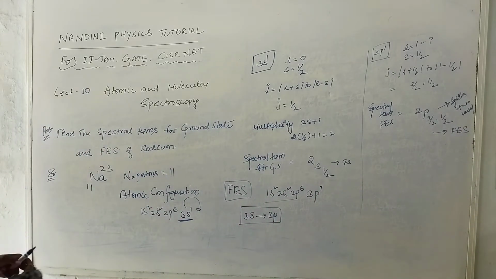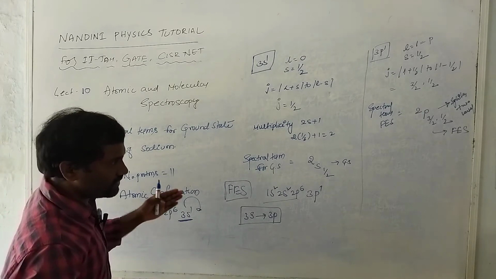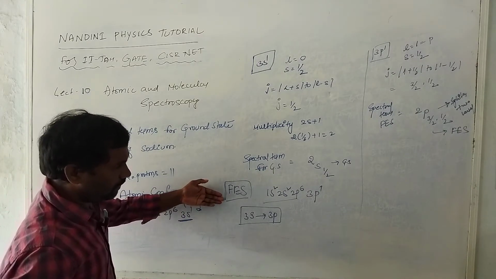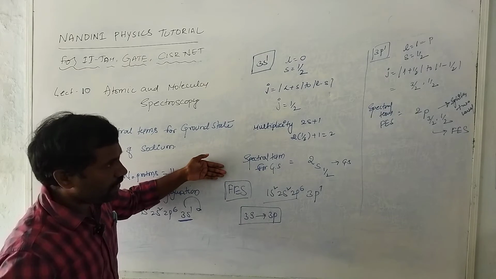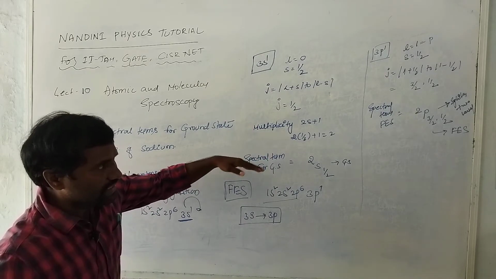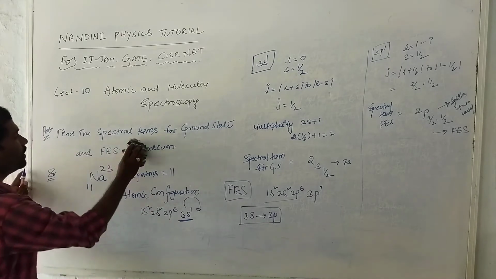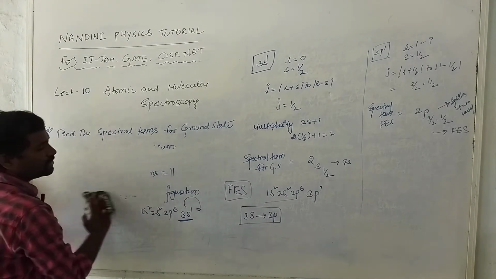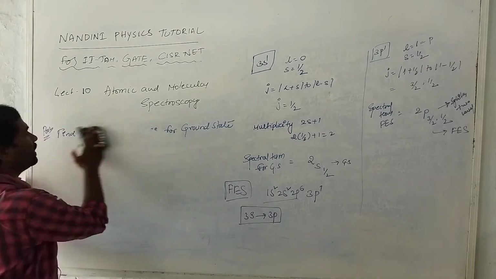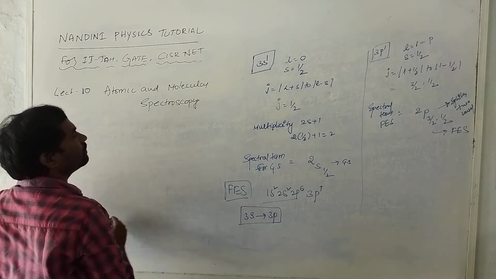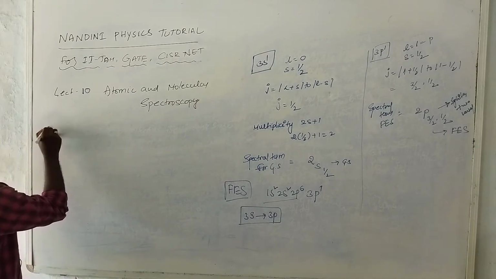So the next topic is, this is the first excited state, this is the ground state potential. This is the ground state spectral term, that is called the first excited spectral term. So once again I use these two spectral terms.